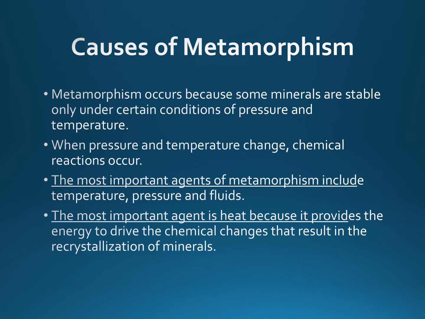The most important agents of metamorphism include temperature, pressure, and fluids. Out of that, the most important agent is heat because it provides the energy to drive the chemical changes that result in the recrystallization of minerals.